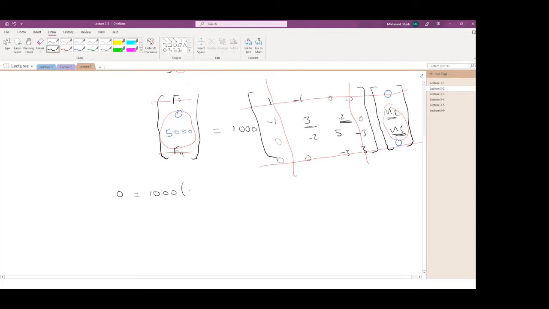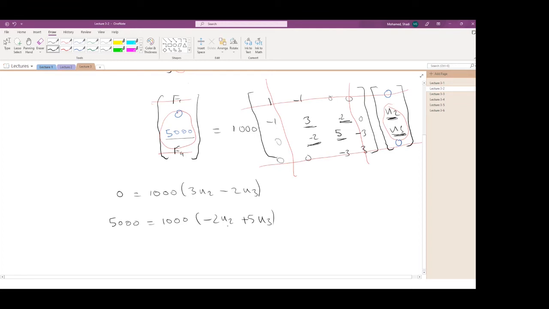If you look at the second equation, you have 5,000 now. So it is 5,000 equal to 1,000 multiplied by -2 U2 and +5 U3.